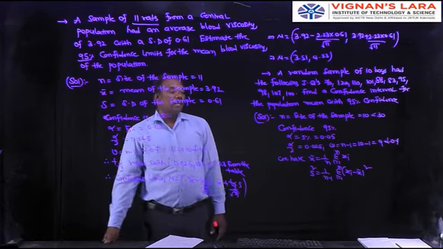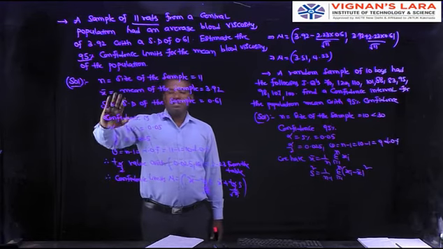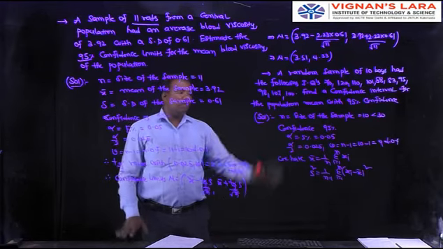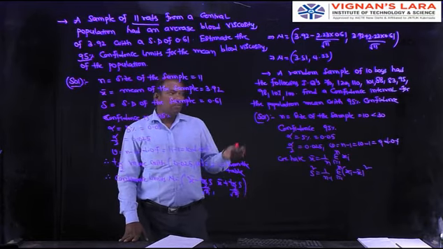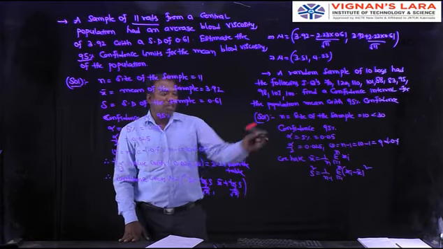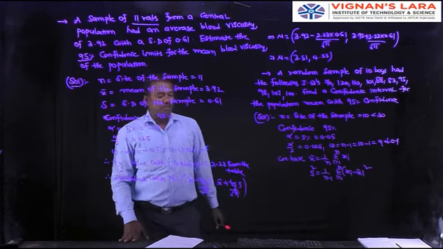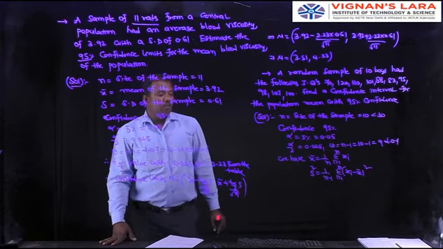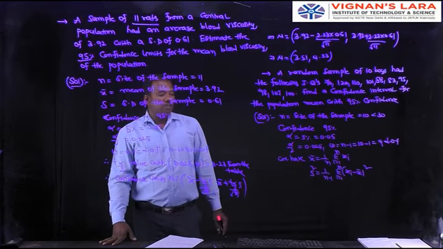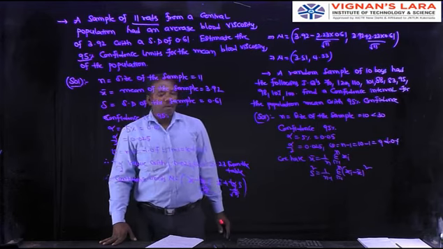And calculate x bar and s square. In the previous case, x bar and s were all given. Here the random sample values are given. So with the help of the random sample, we can calculate x bar and s square using these two formulas. X bar formula: sigma i equal to 1 to n, xi by n. S square is sigma i equal to 1 to n, xi minus x bar whole square, by n minus 1.